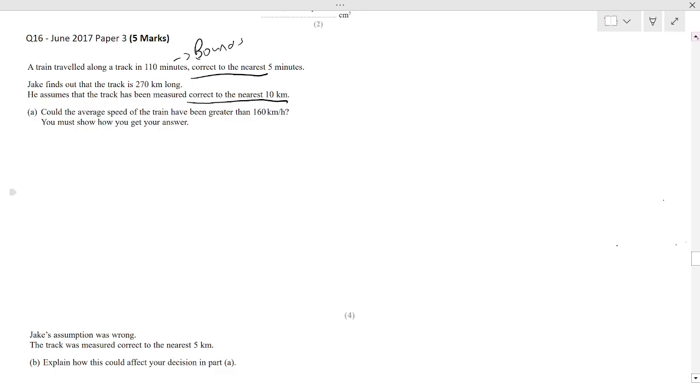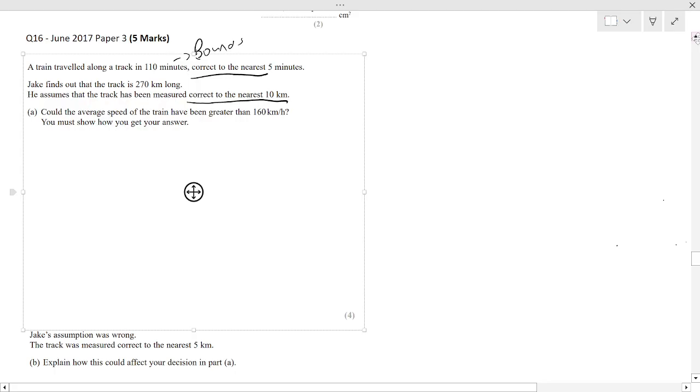So then the average speed could be greater. Well, we need to consider the maximum speed. That's the upper bound, right? So we need to consider the upper bound of speed. But we know that with speed, distance, time, you should remember this triangle here.